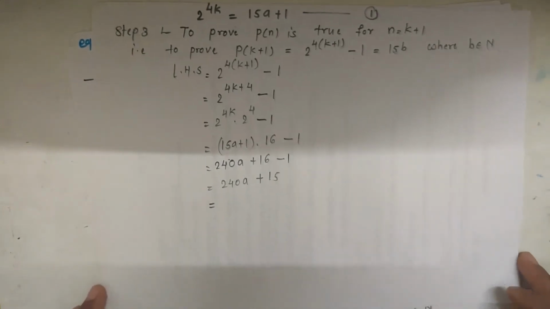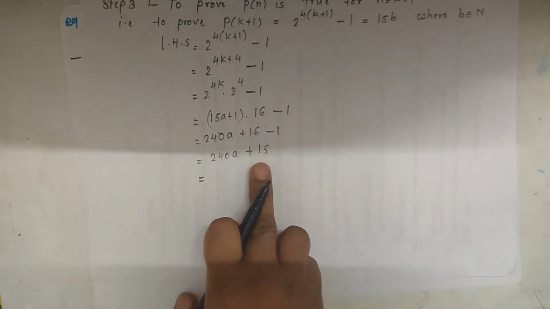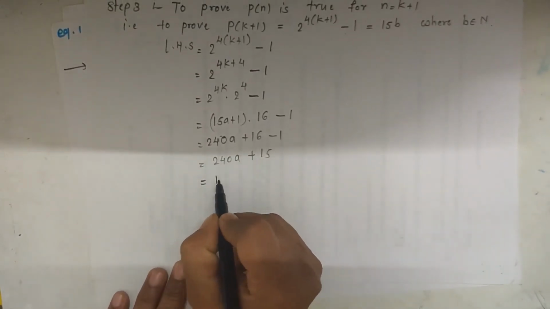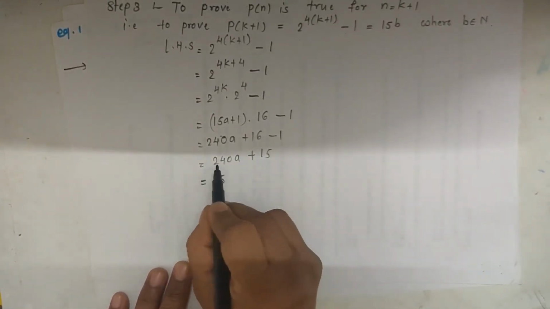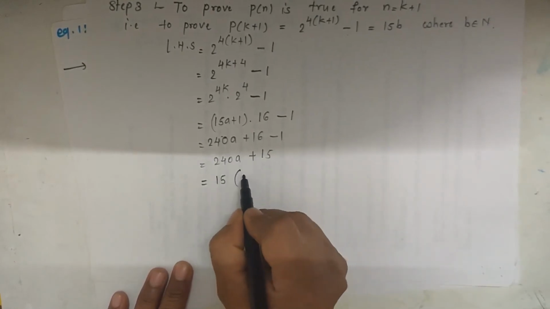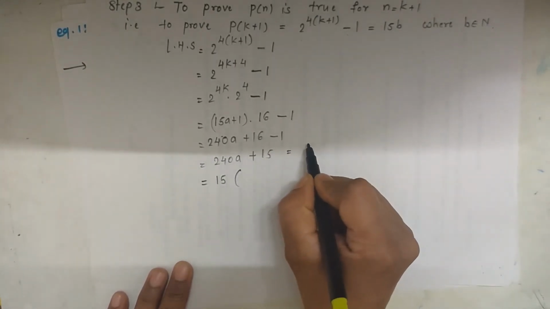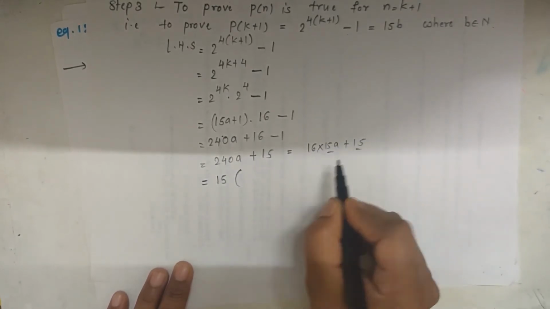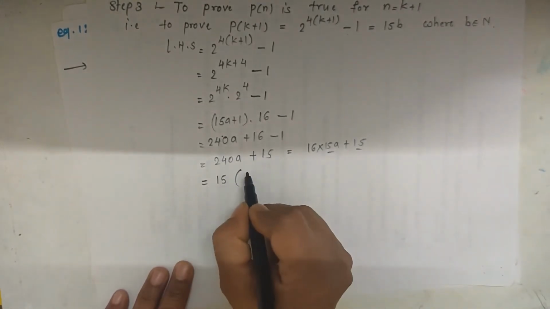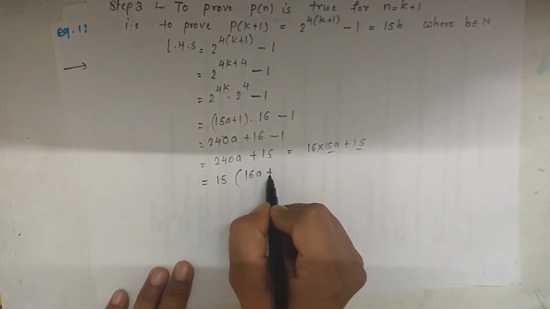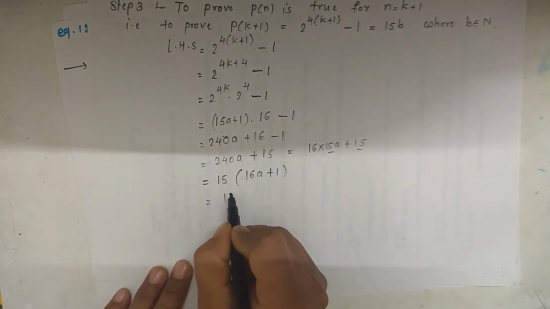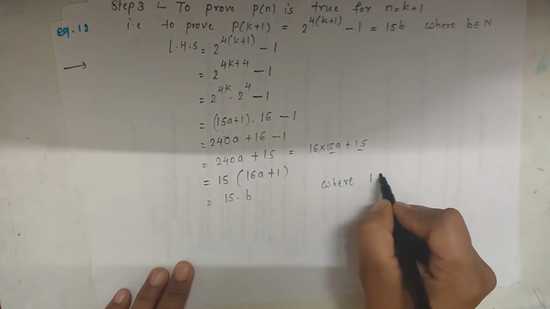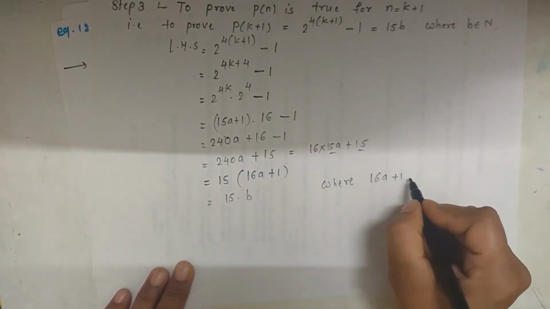By simplifying we get 240a plus 15. Taking 15 common from these two terms, this can be written as 15 into 16a plus 1, where 16a plus 1 is equal to b.